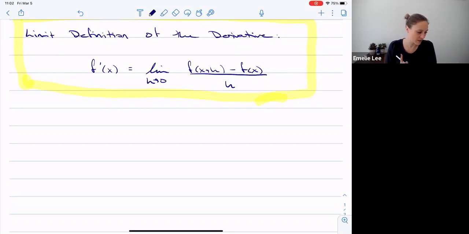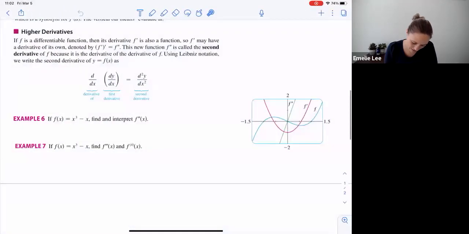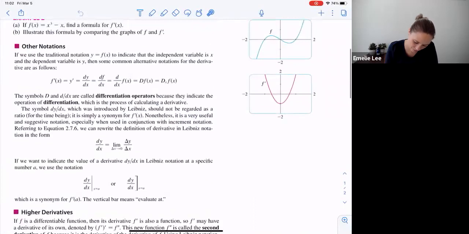But before I mention that, I do want to also re-emphasize the different notations that we can use, right? So probably the easiest notation is this prime notation to denote the derivative. We can also use differentiation operators, or I would call them differential operators, but I guess it's differentiation.